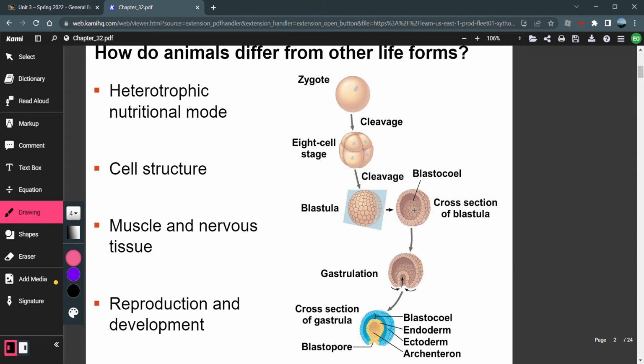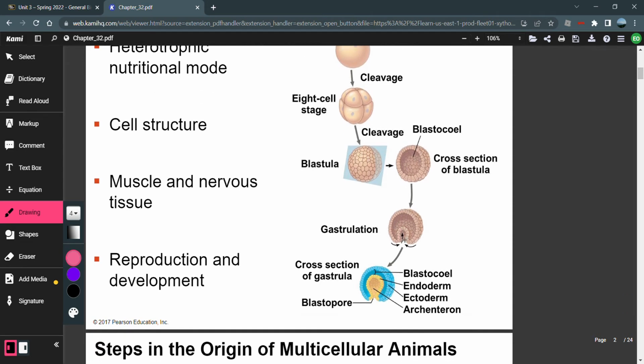A process called gastrulation is where the cell membrane of the blastula folds in like this. When it folds in, it creates two spaces, one here and one here. The inner space is called the archenteron, while the outer space is called the blastocoel.